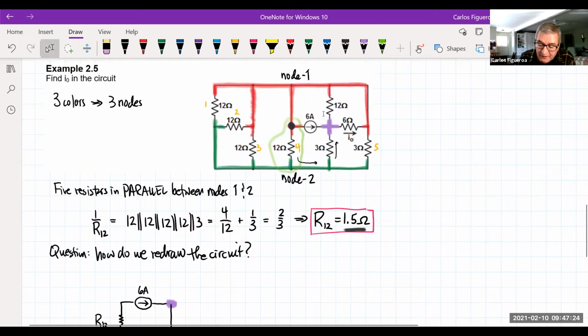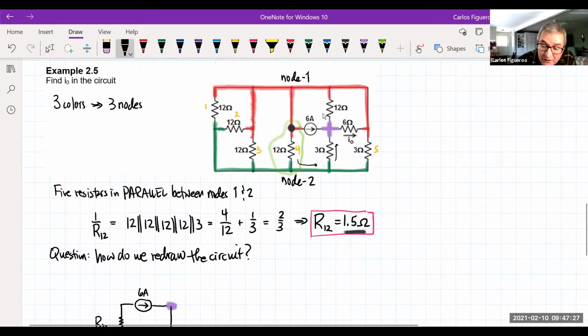Then look at the 12 and the 6 here. If I call that node 1 and this node 2, I'm going to call this node 3. At node 3, I have 6 and 12 in parallel, so I'm going to combine these 2 resistors.